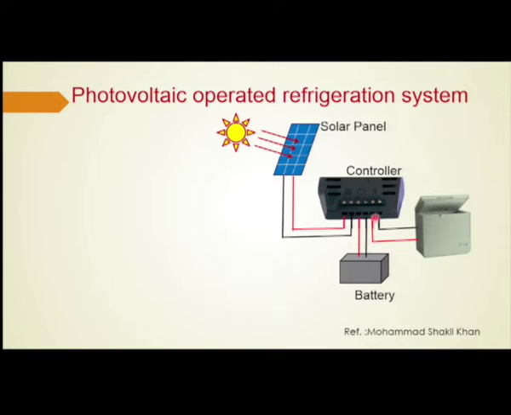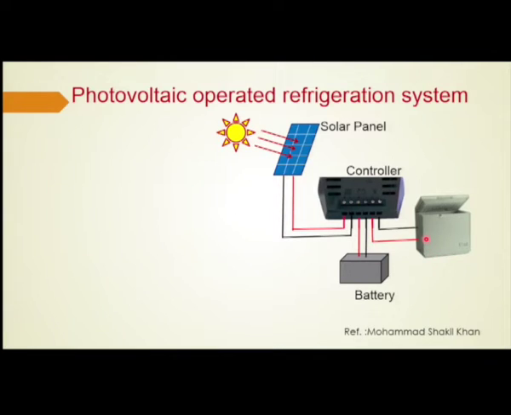And again, the battery is used to supply the refrigeration during night times and cloudy times. According to the period of non-sunny operation, we have to design the battery. If we want a backup for 3 or 4 days, a higher capacity battery is to be used.